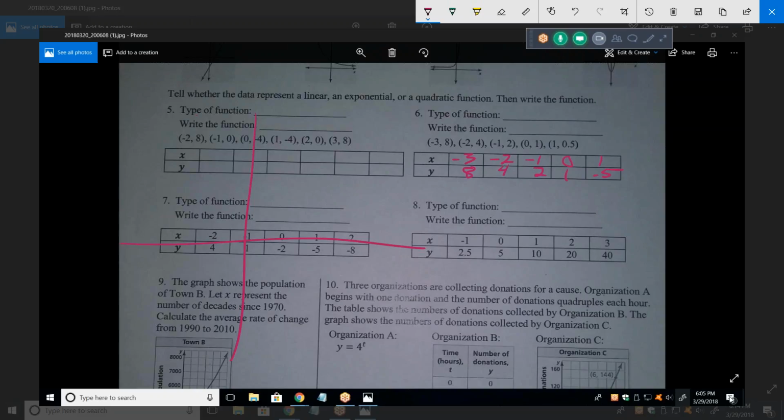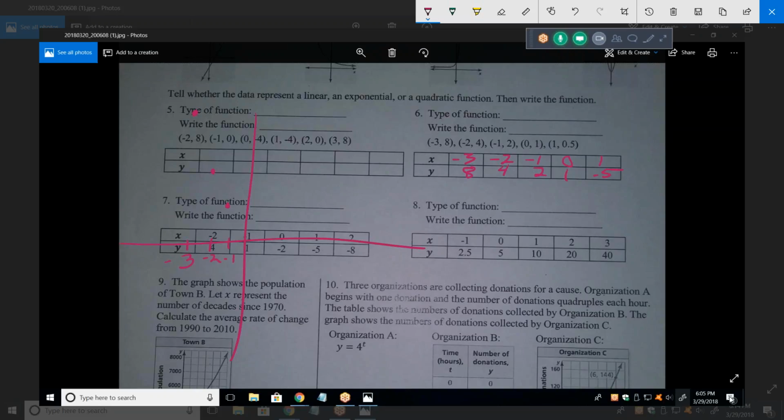So there's a point right there. That's our first point when X is -3. X is -2. There's our second point. When X is -1, there's our third point.